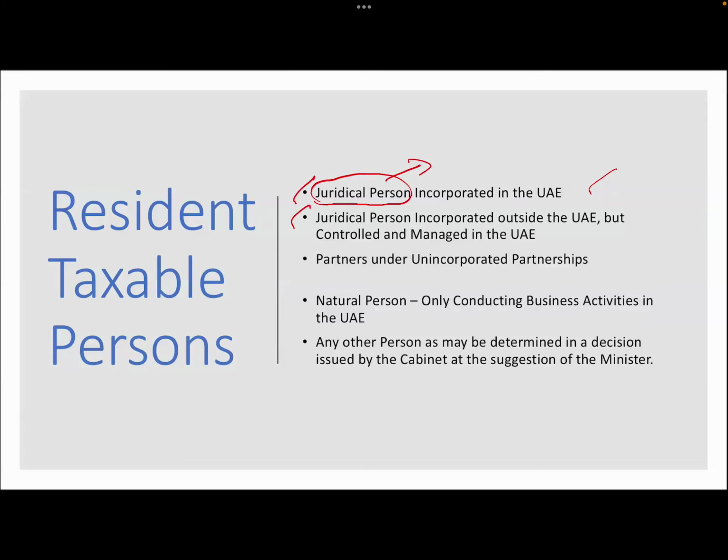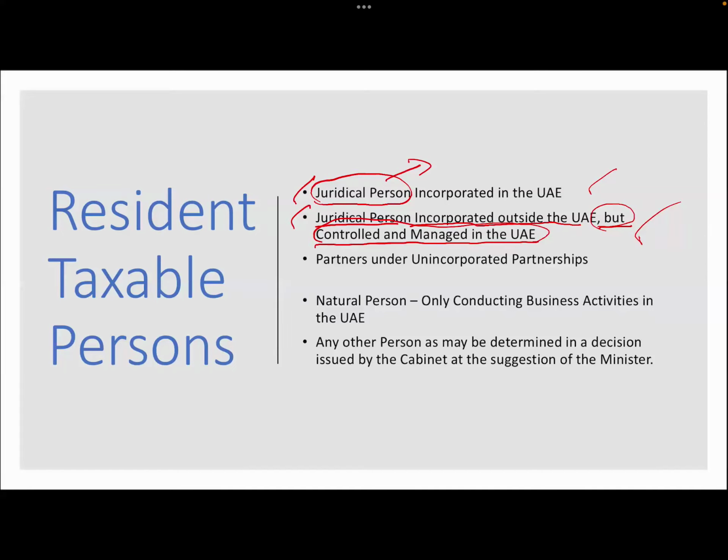Second one, juridical person. Again, when I say juridical person, it is nothing but the companies incorporated outside the UAE but controlled and managed in the UAE. So the companies which are not located in the UAE, or not registered or incorporated in the UAE, but are controlled and managed in the UAE, even these companies are taxed in the UAE.